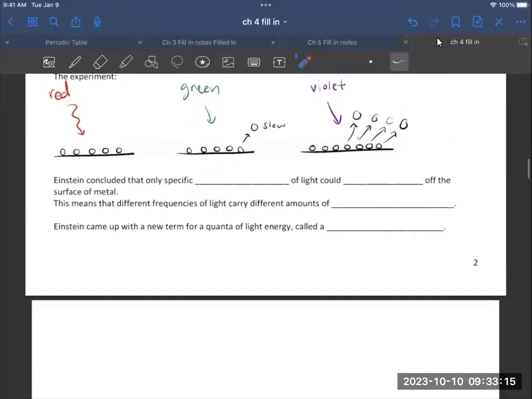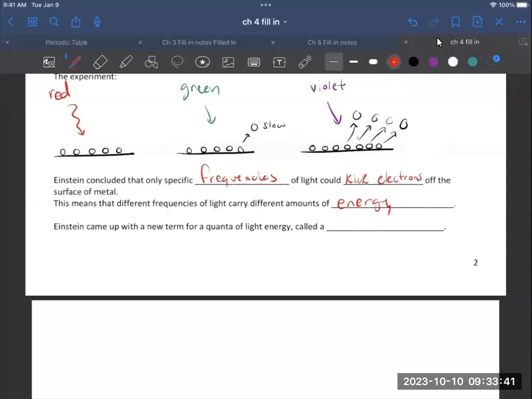So Einstein concluded that only specific frequencies of light could kick off electrons. This means that different frequencies of light carry different amounts of energy.